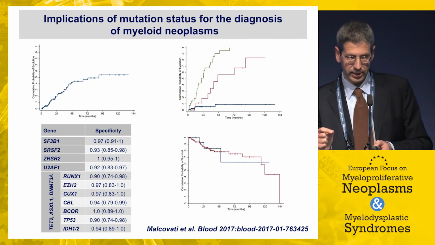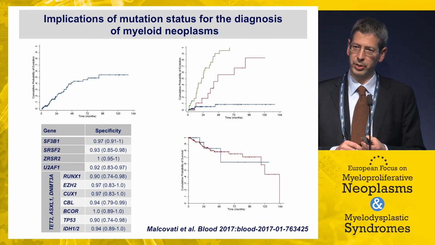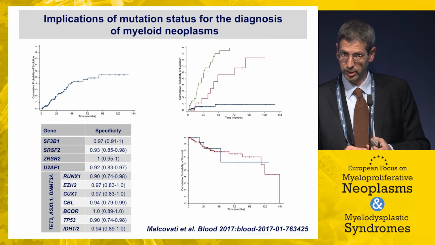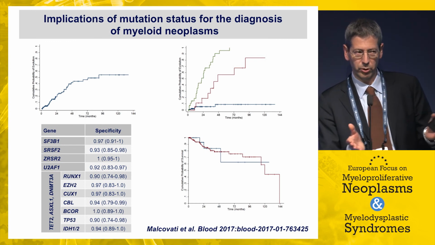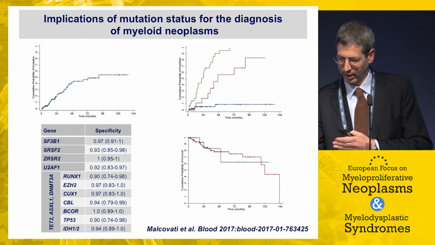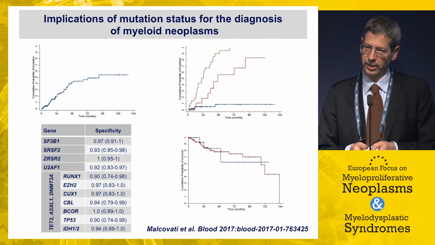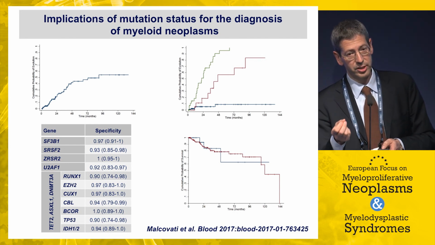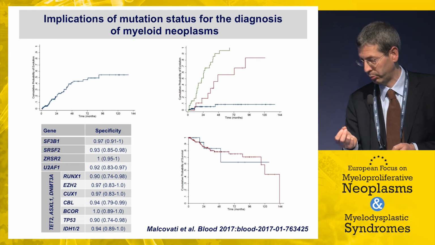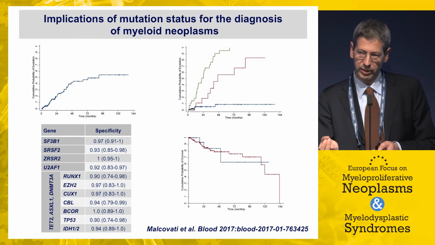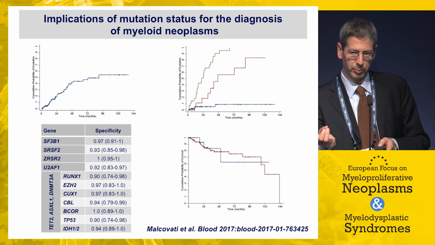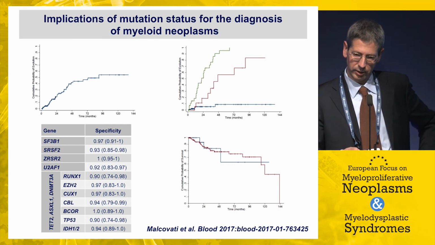And looking at the clinical outcome of patients with these mutations, having a diagnosis of MDS or of ICUS, there was no difference in the clinical outcome, suggesting that these mutations are probably candidates to provide evidence of MDS irrespective of the presence of bone marrow dysplasia.